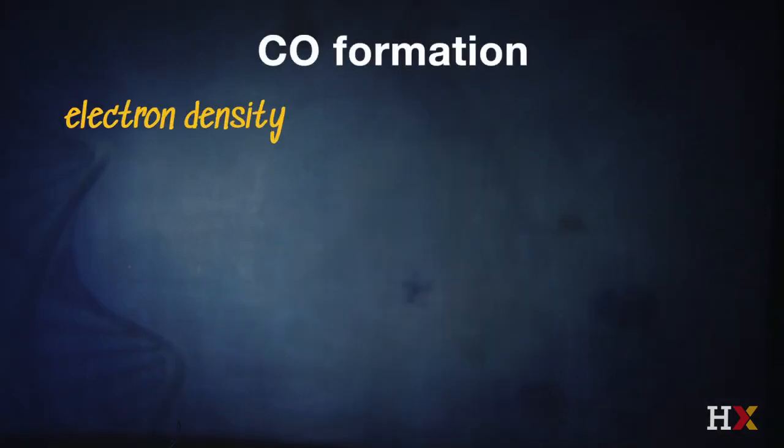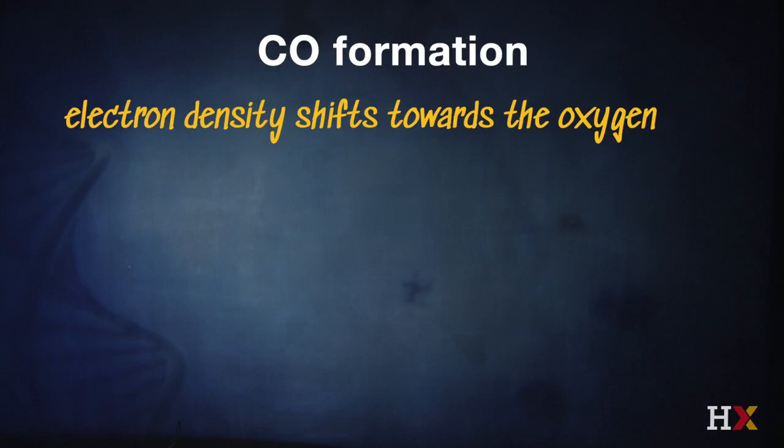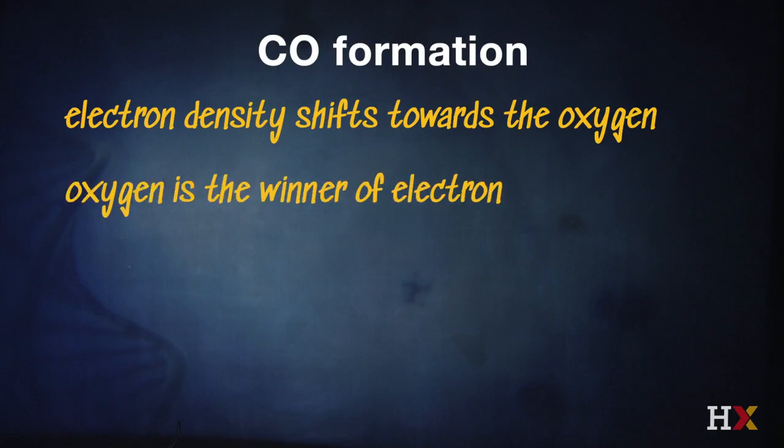And it's surprising how crude this is on first glance, but it turns out it's extremely important for analyzing chemical reactions. So, in the case of our carbon monoxide, electron density shifts toward the oxygen, and oxygen is deemed the winner, which is to say the winner of electrons.